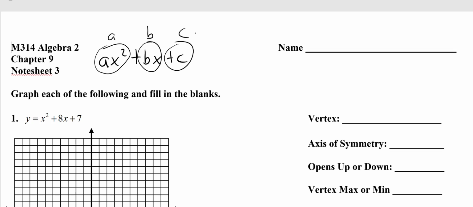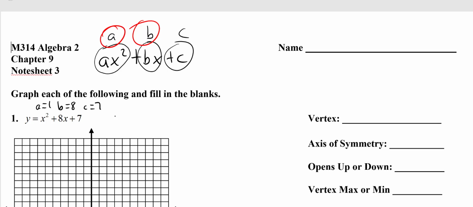Okay, and I need those values in order to do a couple different things here. And truly, the only ones I really need, math fans, I need a and b. Okay? All right, so let's look at y equals x squared plus 8x plus 7. And do you guys agree a is equal to 1, because what's in front of the x squared? 1. And b is equal to 8, because what's in front of the x? Just 8, and then c, of course, is 7. We don't really need c, but let's just write it out anyway.